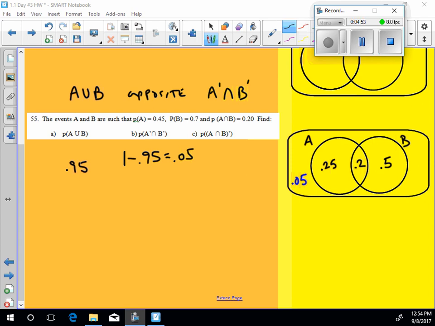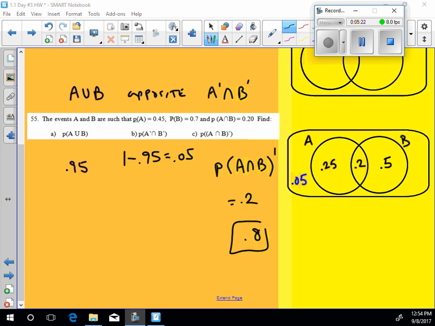What would be the probability of A and B? Well, where is A and B? 0.2. So the probability of A and B is equal to 0.2. The probability of the opposite of A and B would have to then be 0.8.